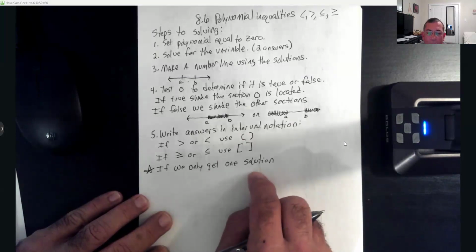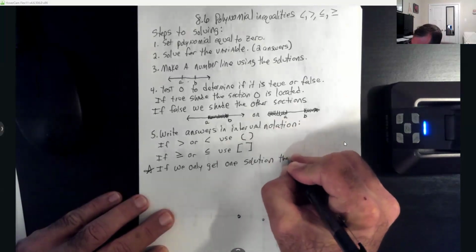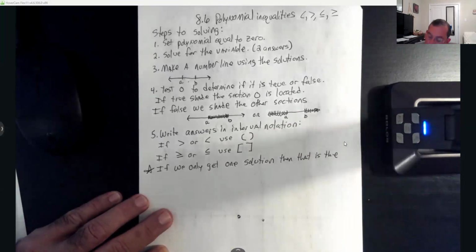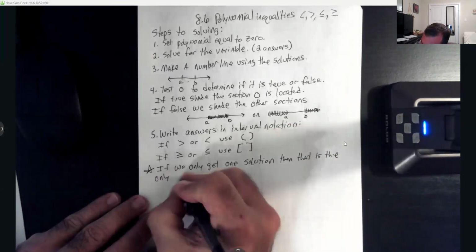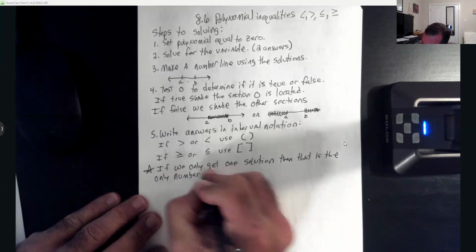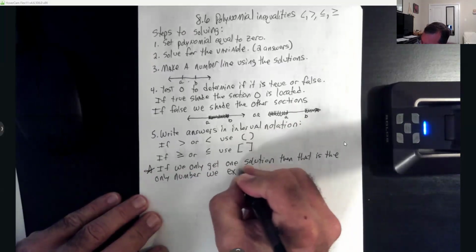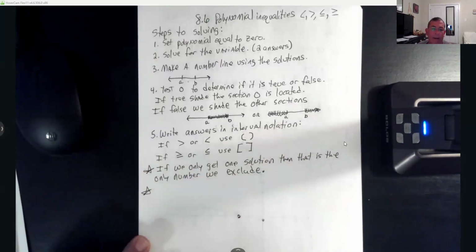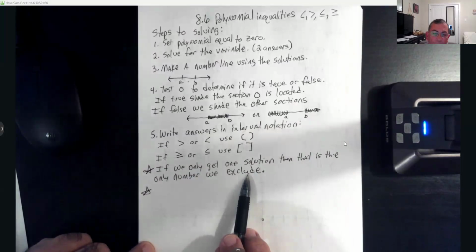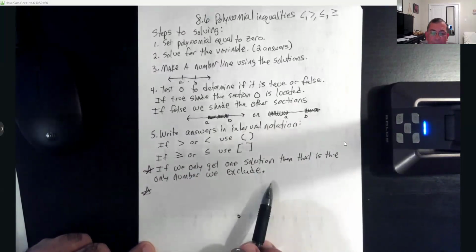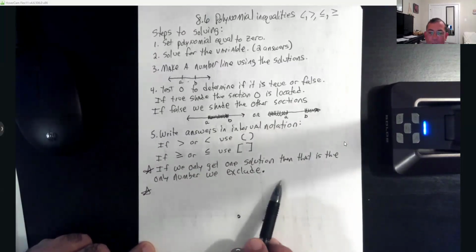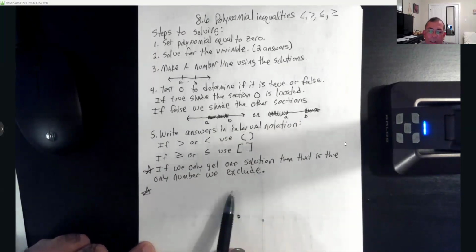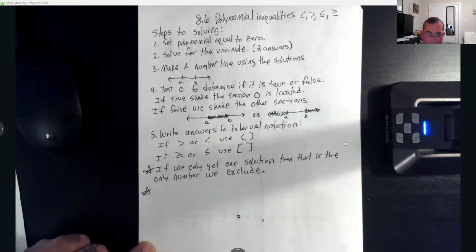So if we only get one solution, then that is the only number we exclude. Okay? So my interval would go from negative infinity to 2, union 2 to positive infinity. So one solution is the only number we exclude from the domain.